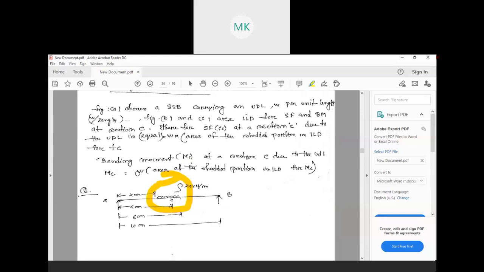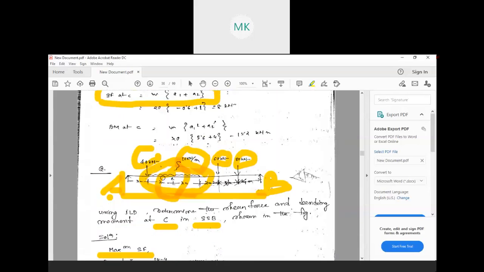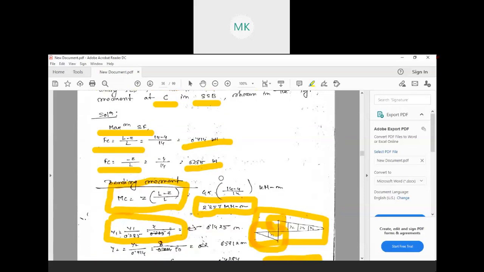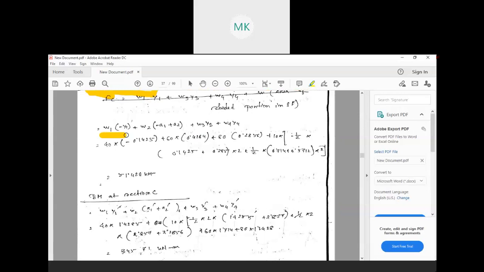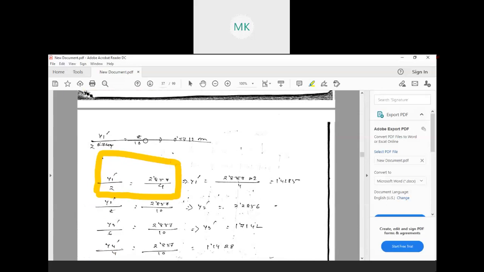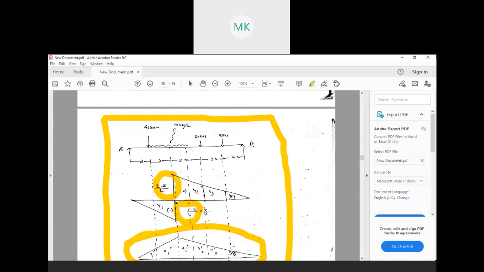For UDL, the formula is given here: W into area of the shaded portion in the ILD for SF at C, and W into area of the shaded portion in the ILD for MC. As in this numerical both conditions are there, point loads and UDL, we need to consider both. For the first load, we just consider W into Y1. A minus sign is there because it is in the below portion.